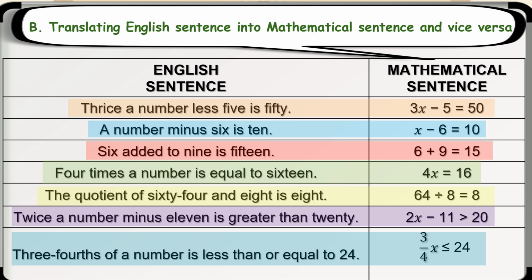So we will represent it by the letter x. The phrase is less than or equal to 24 means we will use the inequality symbol before 24. So therefore, our mathematical sentence will be 3/4 x is less than or equal to 24.